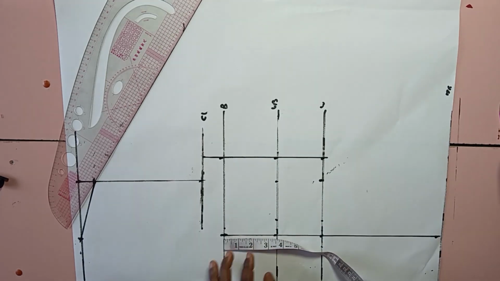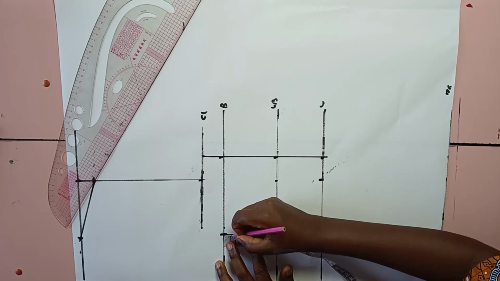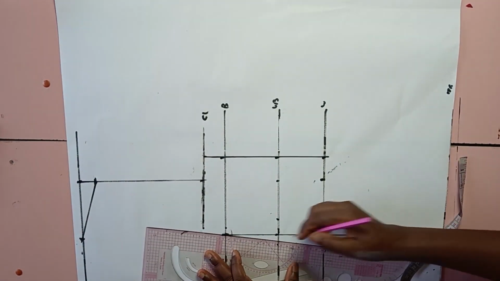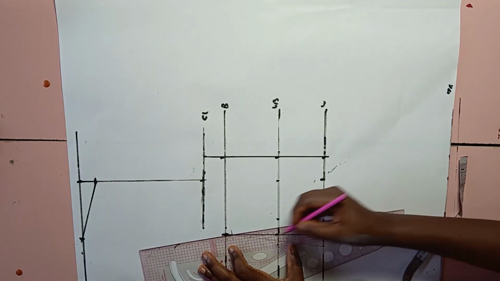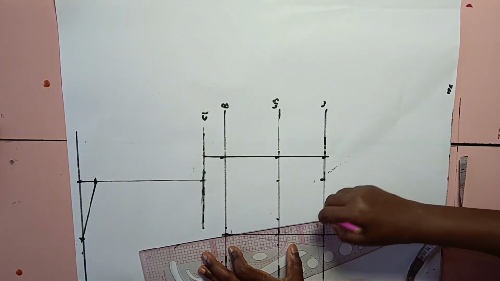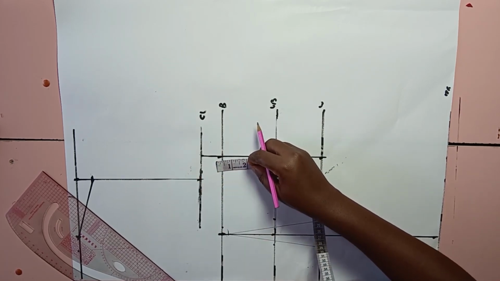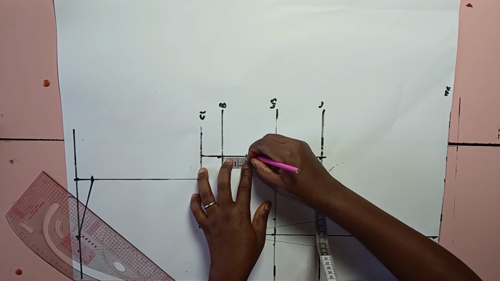The bust is going to be stopping ½ inch before the bust point. So we're going to connect like this. The difference in the front dart and the back dart and the back half length is 1.5 that we are using for our bust dart.